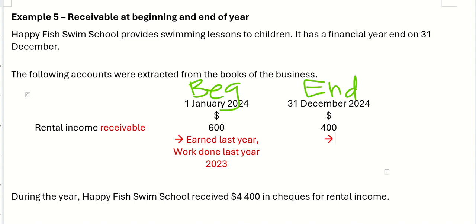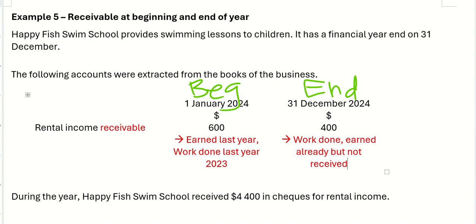You did the work already. Have you earned it? Yes. Work done. Earned already, but not received. You have done the work, but you haven't received the money yet.